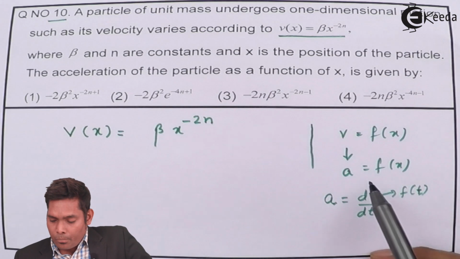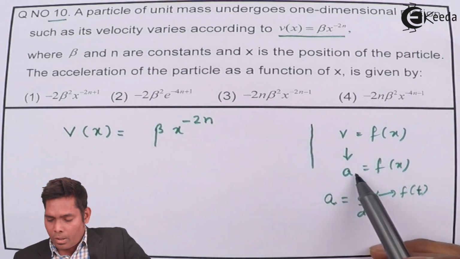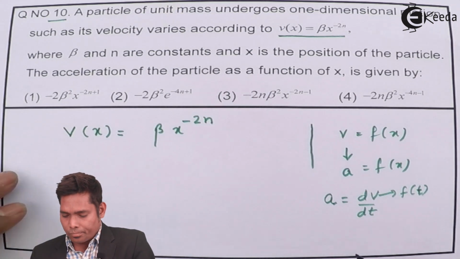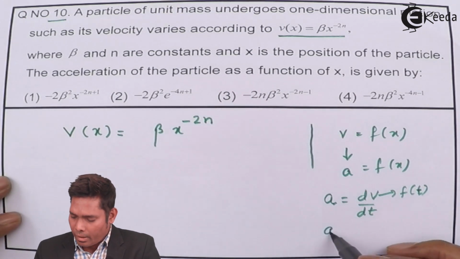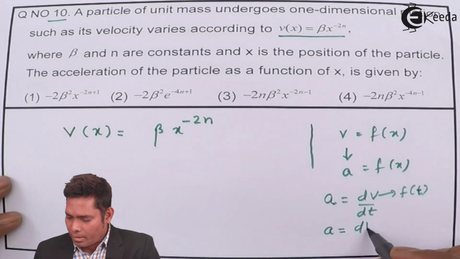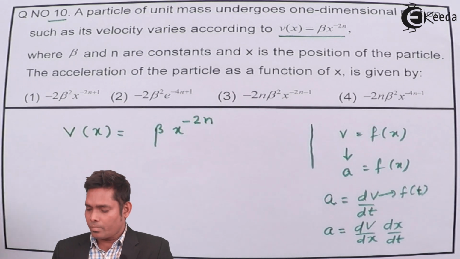So first of all, we have to find the formula for a as a function of x, and we know that a can also be written as dv by dx into dx over dt.